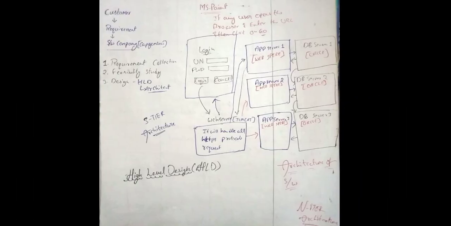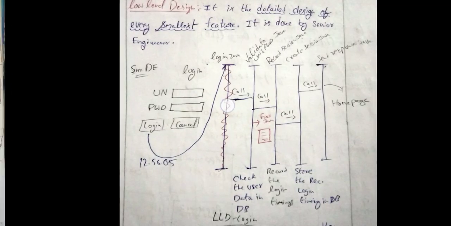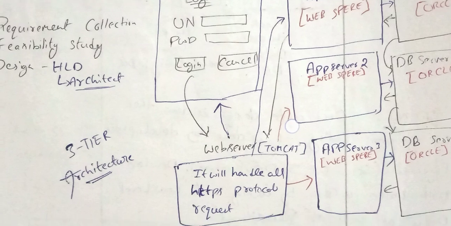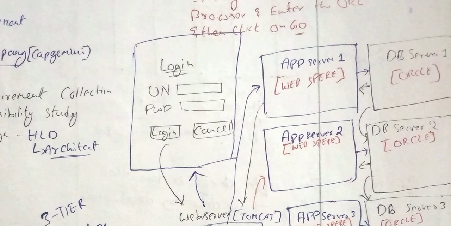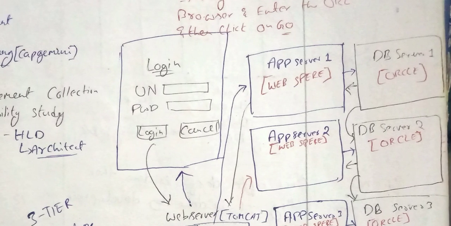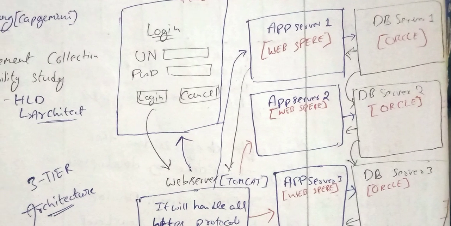Like that, everything will happen. See here, after login, it will go to the web server, then to the app server 1, then to the database. If in database server 1 the account is there, they will get the response from database server 1 to app server 1 and app server 1 to web server, then it gives a home page.